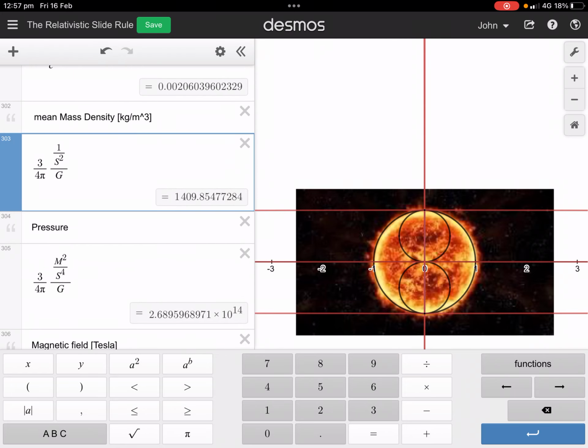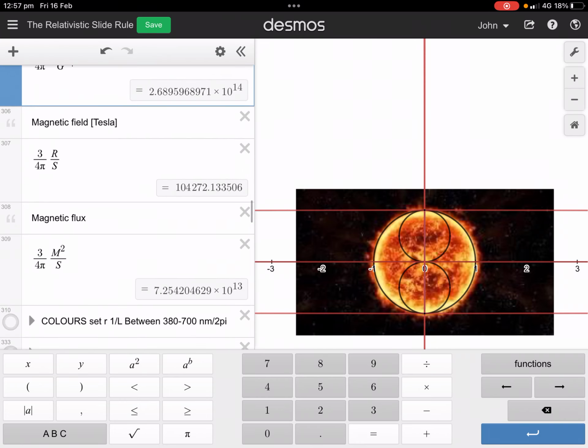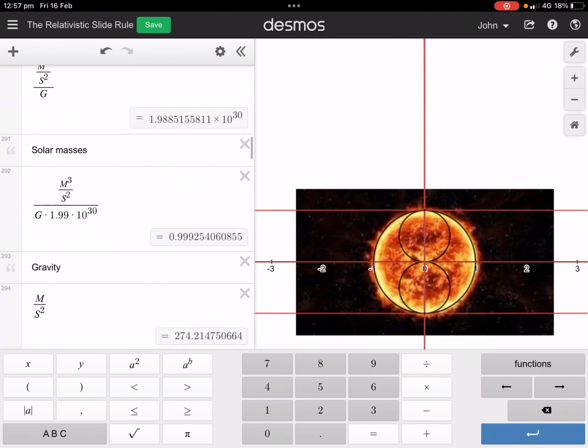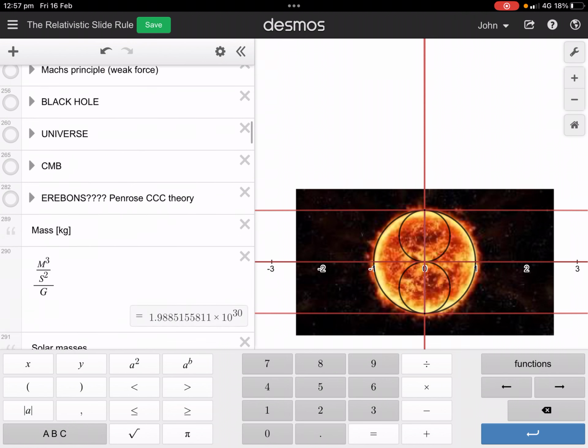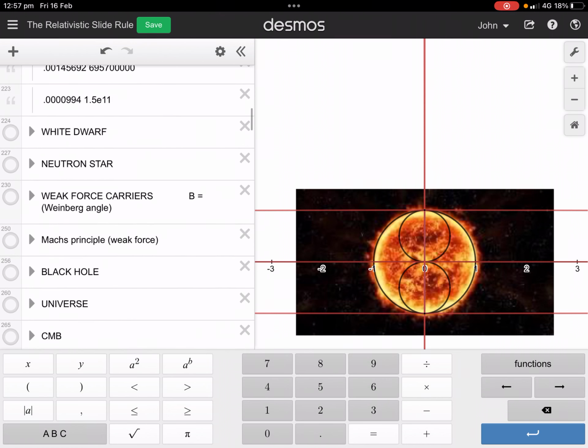Mean density of the sun, pressure. I won't bother with that because I'm going to use that later. Okay, so that's the sun.